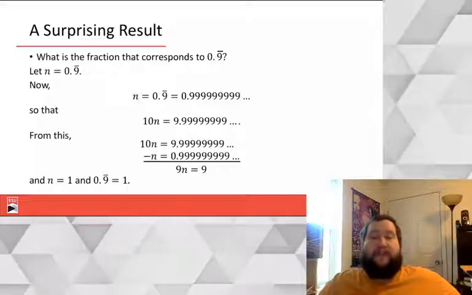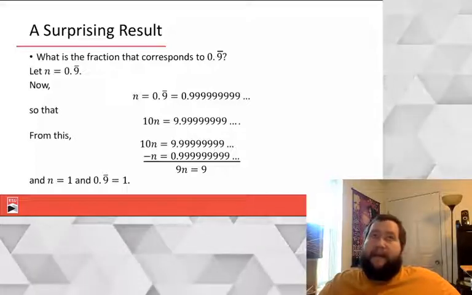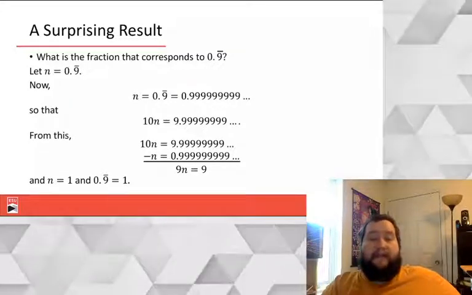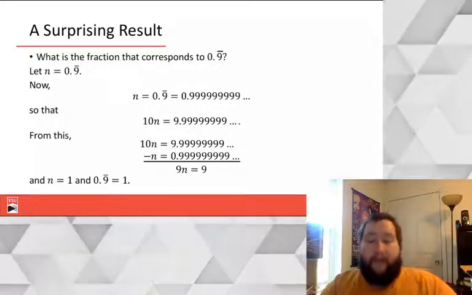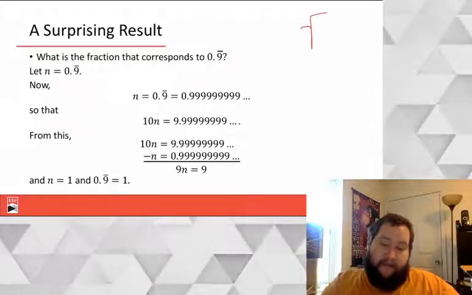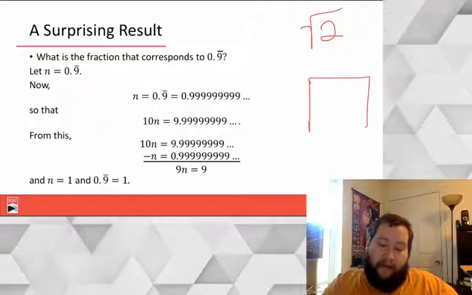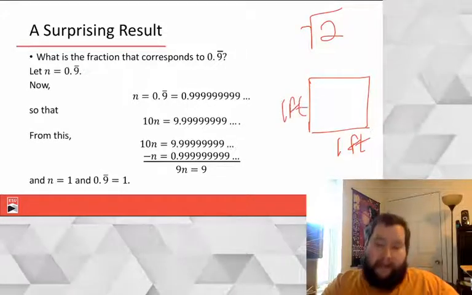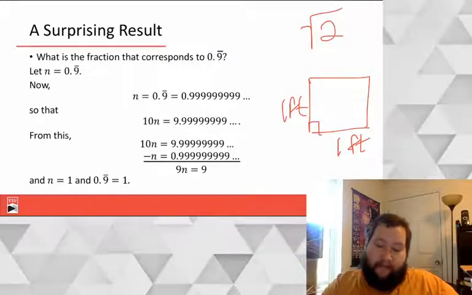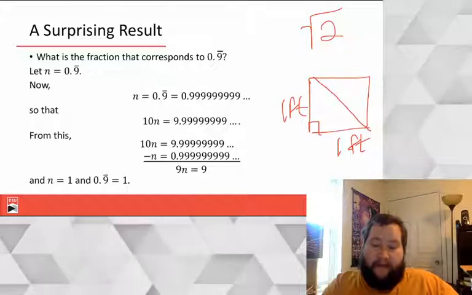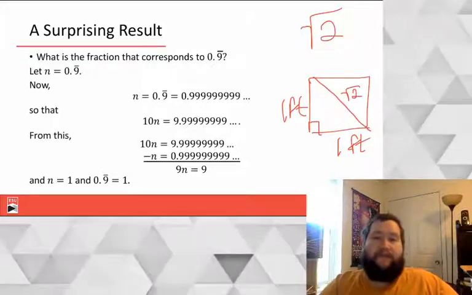And because they can be written as an integer over an integer, like 5/9, we can say that that is in fact a rational number. And we may or may not get to irrational numbers in a couple weeks, but know that there are some numbers like pi. Another one that's relatively commonly talked about is the square root of 2. If I have a 1 foot by 1 foot square, since that's a right angle, we'll talk about the Pythagorean theorem in Math 205, but you can use that and you'll find that the diagonal of this square is the square root of 2.